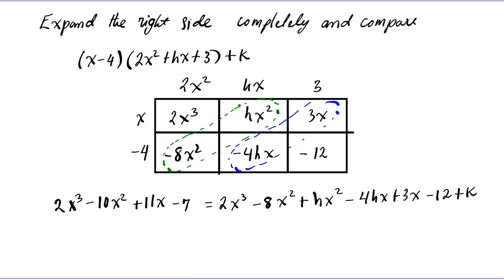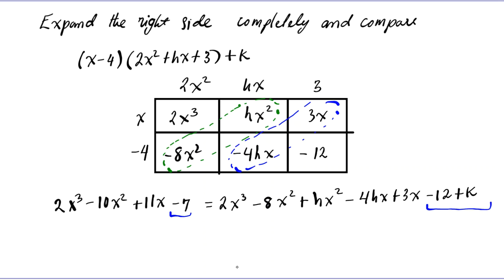So let's look at k first. Negative 12 plus something gives you negative 7. What do you add to negative 12 to get negative 7? If you add 5 to negative 12, you get negative 7. So you can easily see that your k value is going to be positive 5.